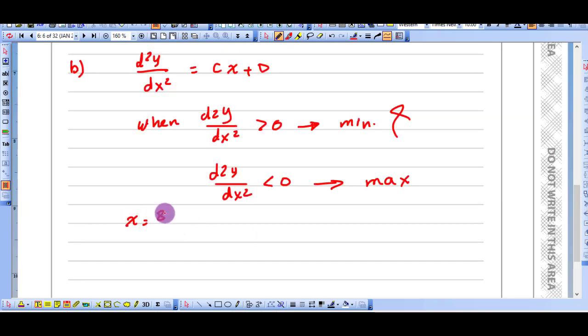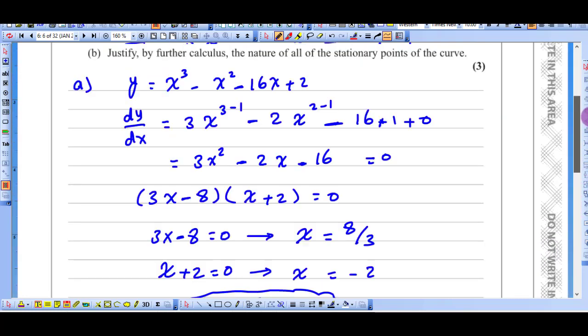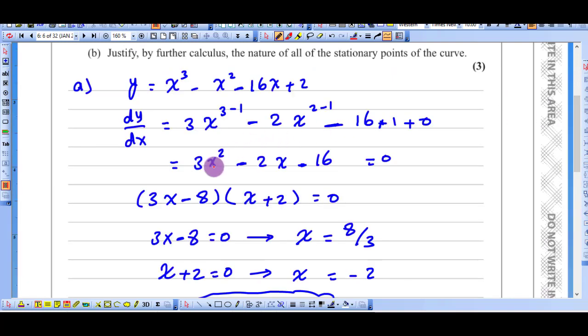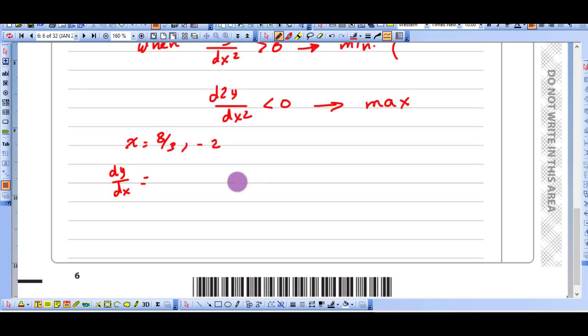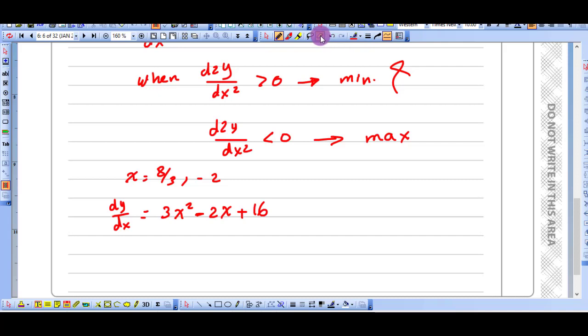X is equal to 8 over 3 and minus 2. And dy by dx, which was calculated before, is equal to 3x squared minus 2x minus 16.